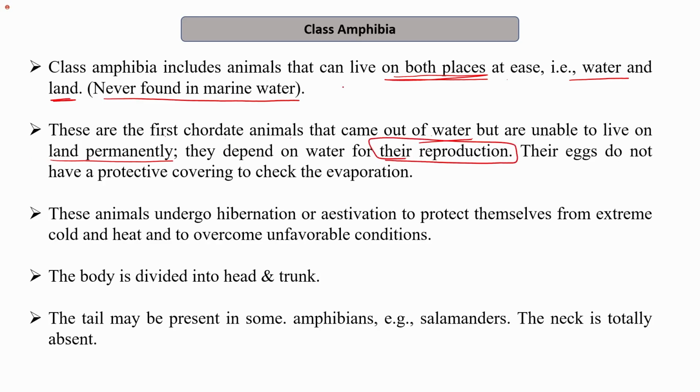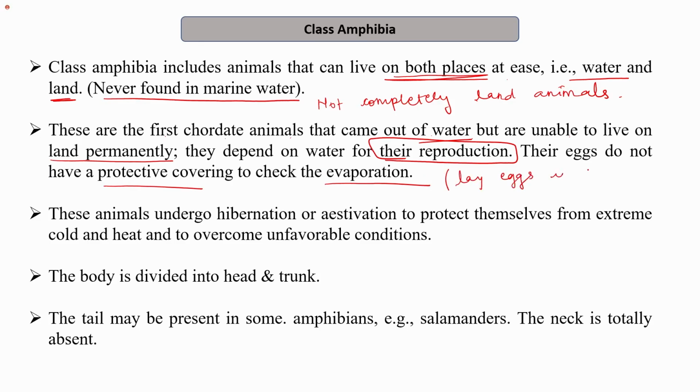They are not completely land animals, but they are the first chordates that survive on the land. Their eggs do not have a protective covering to check evaporation, so they have to lay eggs in the water. Otherwise, their eggs will desiccate, that is, they will dry.